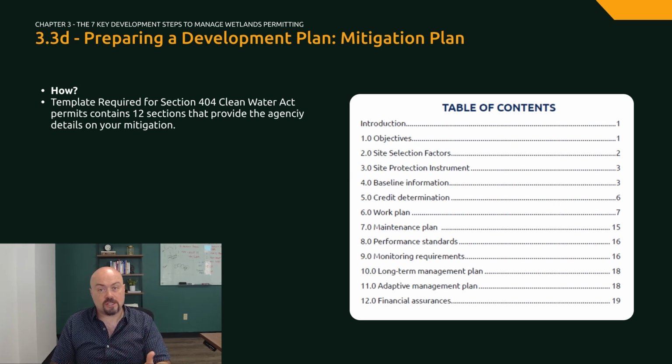The sections include a discussion of your objectives, site selection factors, an explanation of the site instrument that you're going to protect the area with, such as a deed restriction, a description of the project baseline information from your project description, calculation of the amounts of mitigation credits needed for the project, a description of your work plan to complete the mitigation, a description of your maintenance plan once the project is complete, details on performance measures that will be reviewed during monitoring, such as the percent of cover of native plant species, monitoring requirements, your long-term management plan, any adaptive management options, and finally, a description of the financial assurances that the agency can rely on to make sure that the project actually is implemented.